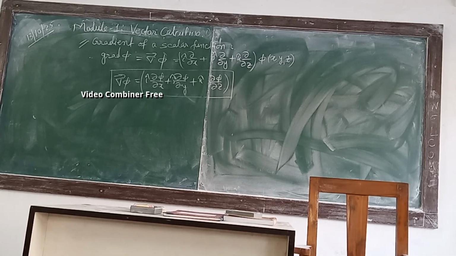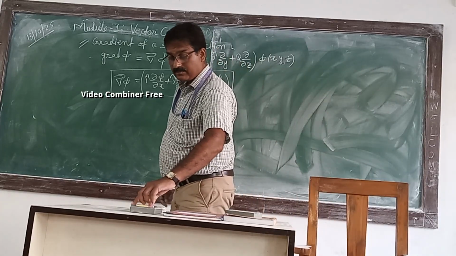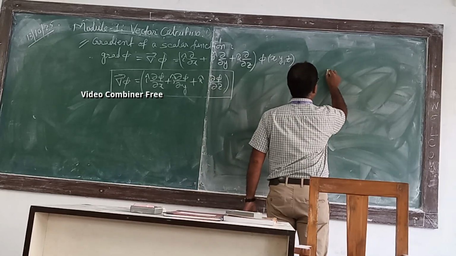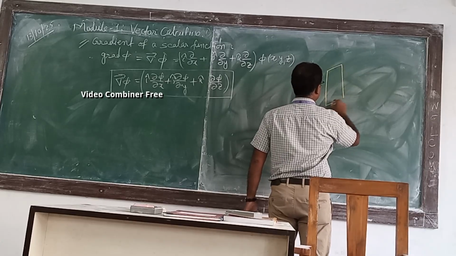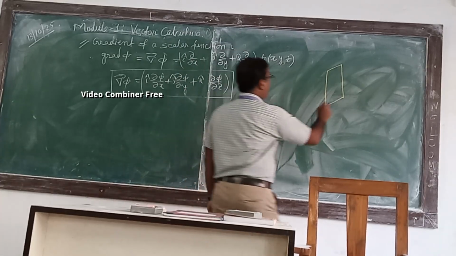Now, if we get the gradient of phi, this is the surface. Then the gradient of temperature is along this direction.